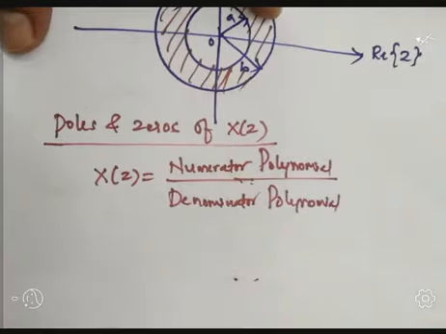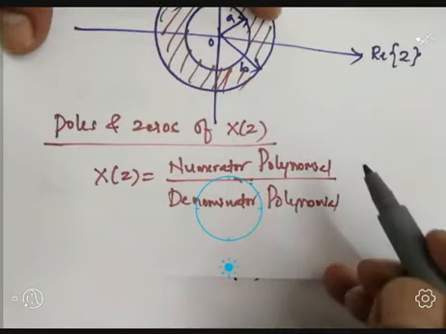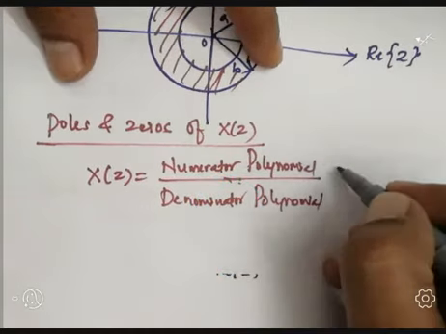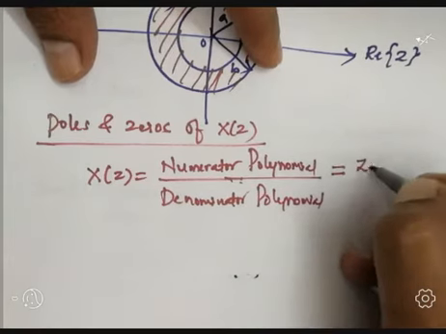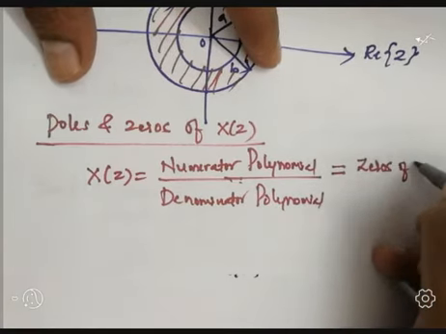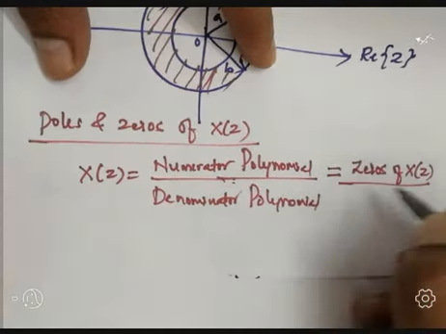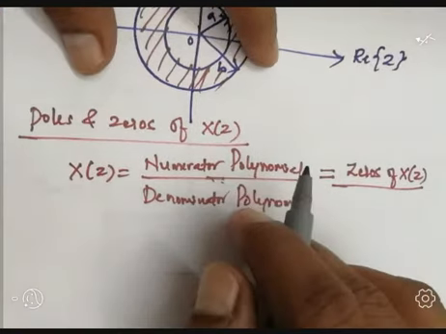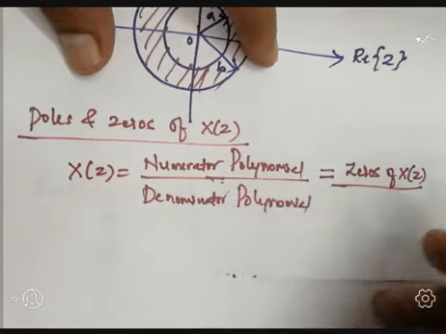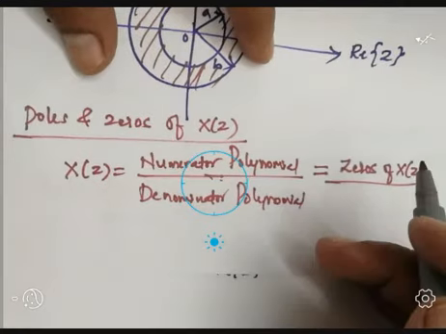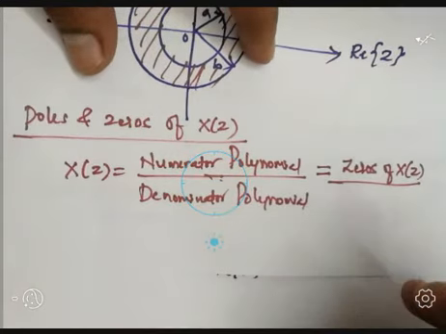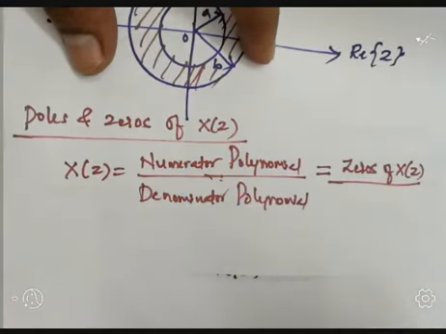How do we find the zeros and poles for the given Z transform? Very simple. The roots of the numerator polynomial are known as zeros of X of z, for which X of z equals 0. This point we have to remember.